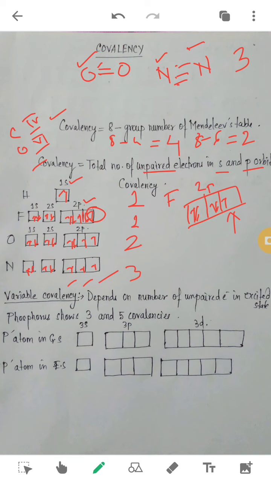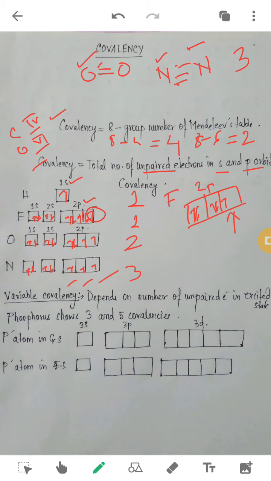Now this variable covalency will depend on the number of unpaired electrons in the excited state. For example, phosphorus is showing 3 and 5 covalencies. So for the phosphorus atom in the ground state, I'll only draw the 3s and 3p, because otherwise the space won't be sufficient.